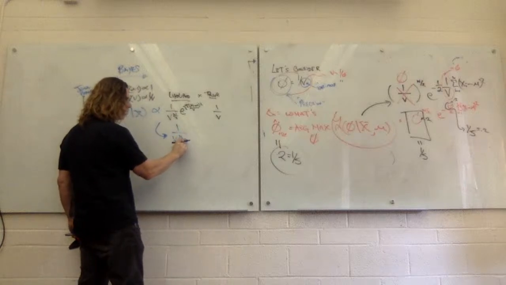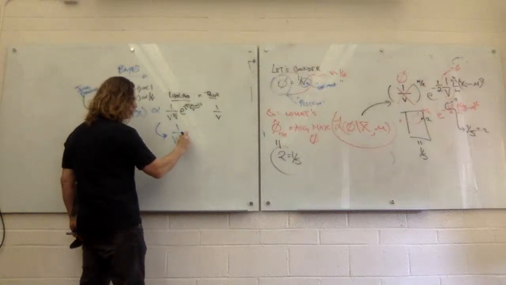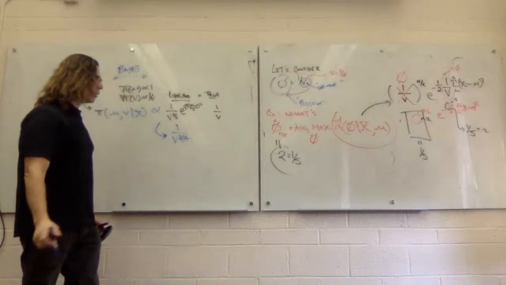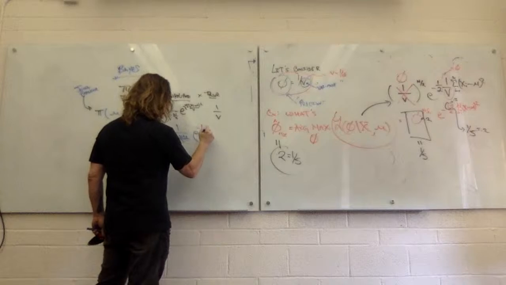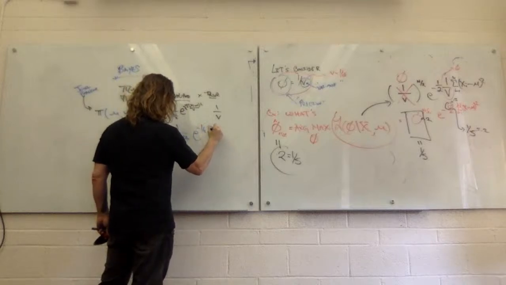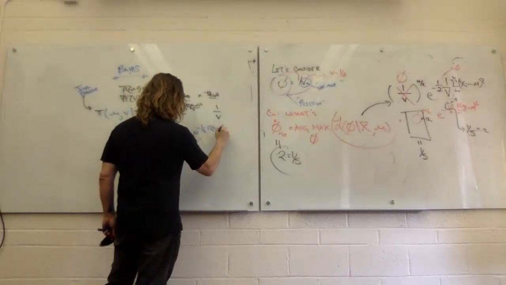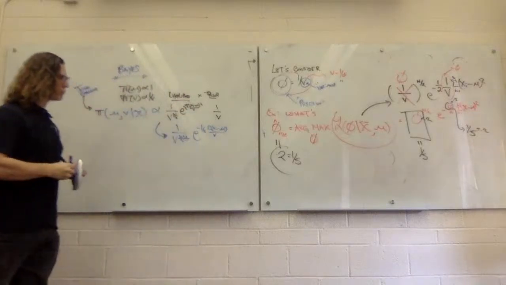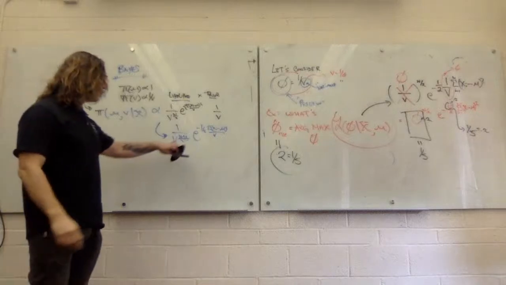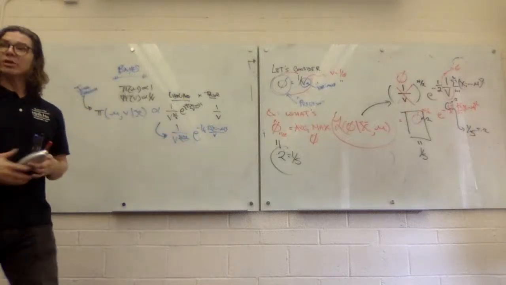I'll combine that, so I'm really adding 1. e to the minus 1/2 sum of the (xi minus mu) squared over v. Now let's maximize that. You can already see we're going to come up with a different answer.